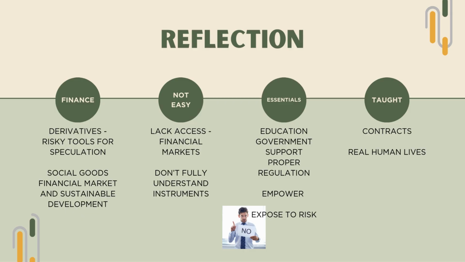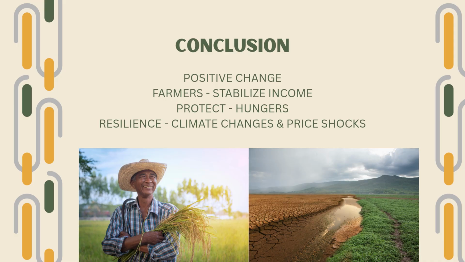Personally, this project taught me to see finance not just as numbers or contracts, but as something that can impact real human lives. That's a valuable insight I have carried with me beyond this course. In conclusion, I believe derivatives can indeed be used as a tool for positive change.